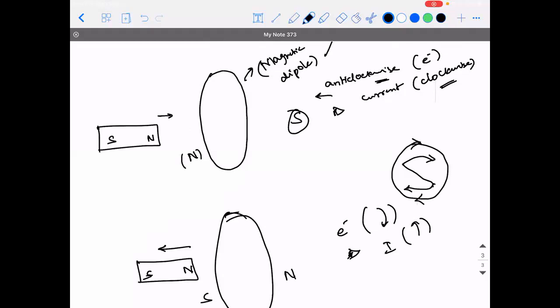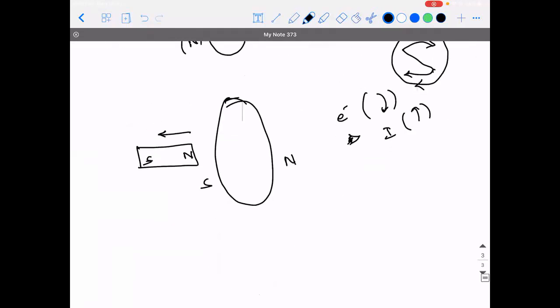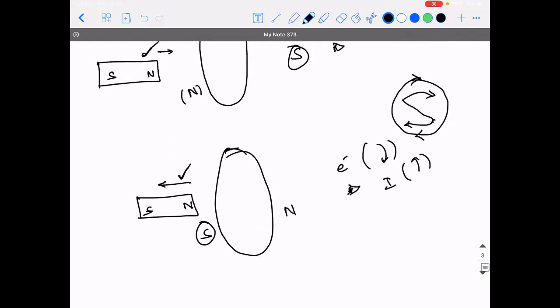When you bring the north pole towards the coil, the side of the coil facing the magnet generated the current in such a way that it had a north pole when the magnet's north pole was coming towards it. The pickup coil itself chose a direction of current such that the left side is a north pole. Whereas when you move the north pole away from it, the current in the same pickup coil got generated in such a way that a south pole was generated on the side of the magnet. Right? This is the fact that we have seen.